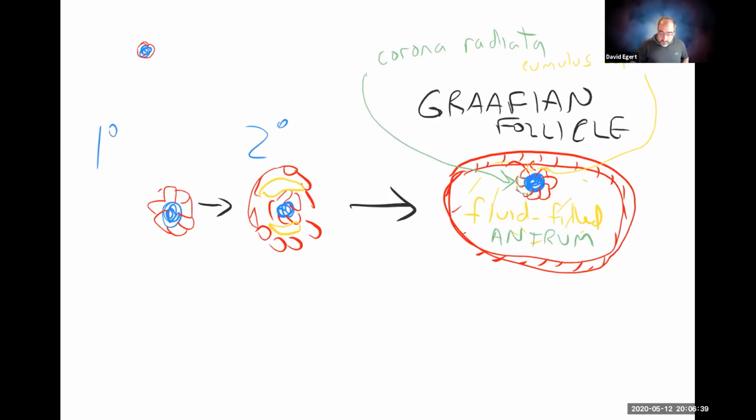So while this is happening, this is releasing estrogen. And also this takes about 2 weeks.